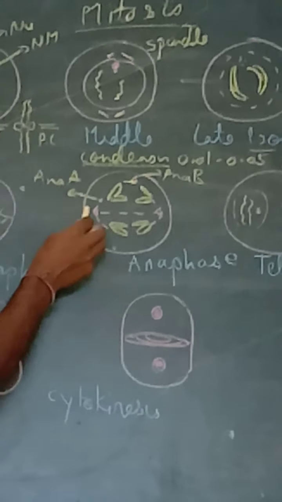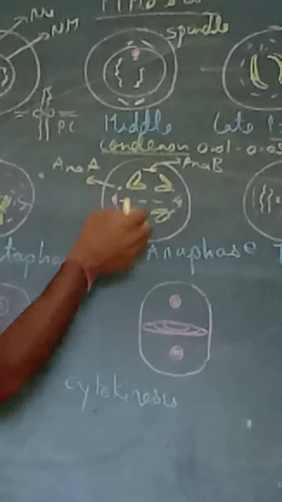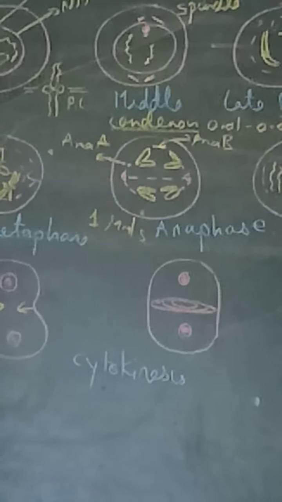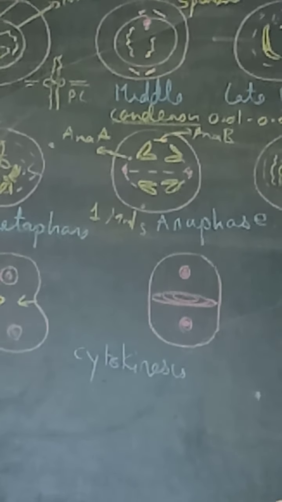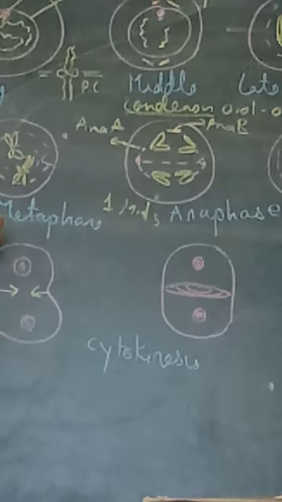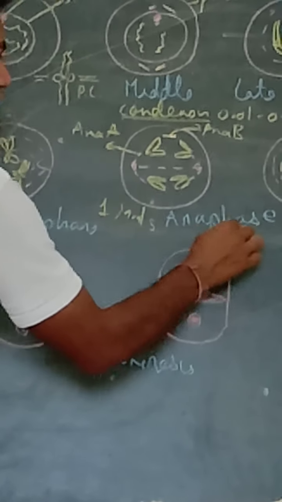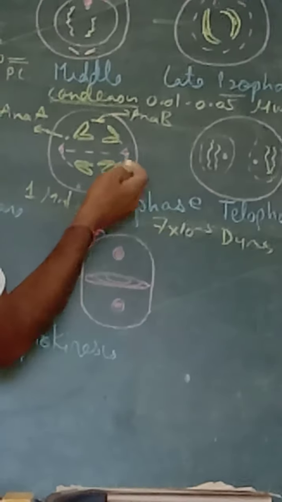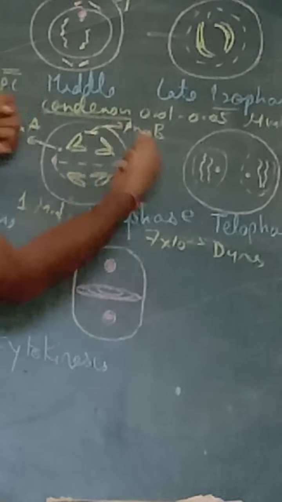The speed of anaphase chromosome movement is about 1 micrometer per second. This can be stopped if we apply a force of 7 into 10 to the power minus 5 dynes. Then the chromatids can be stopped.